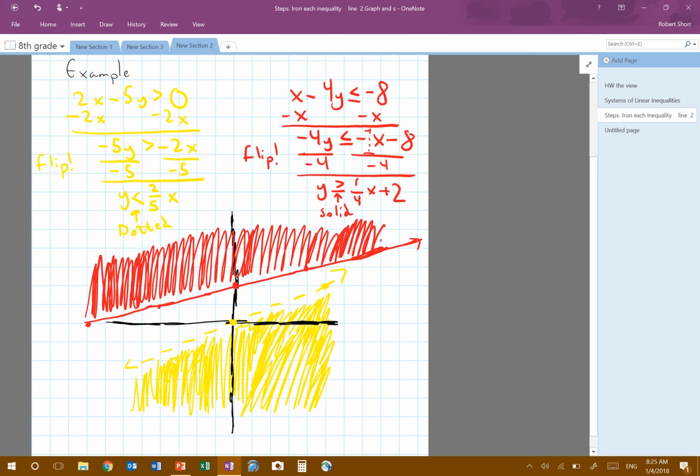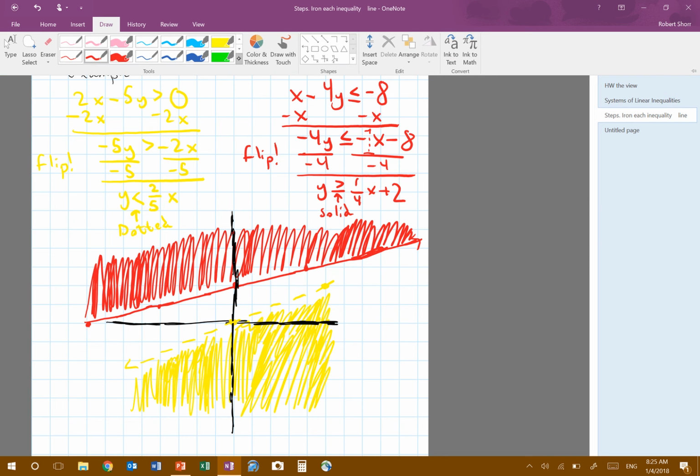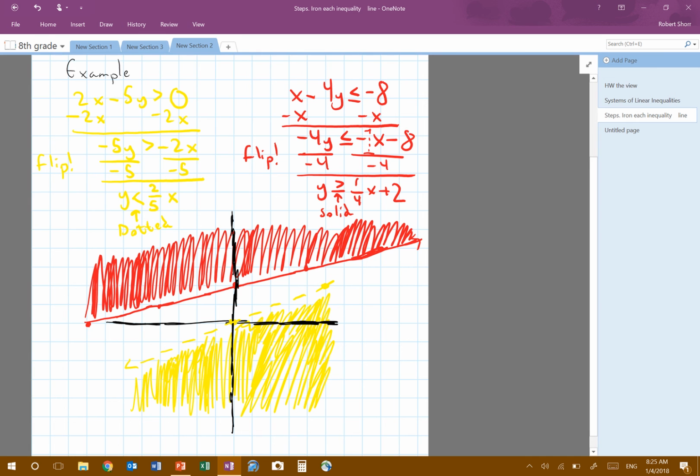Now you guys might say, well, there's no overlap, but that's because we really did not extend the yellow line far enough. Since they're not parallel, which we know because they don't have the same slope, there is an overlap somewhere, even if it's very small.